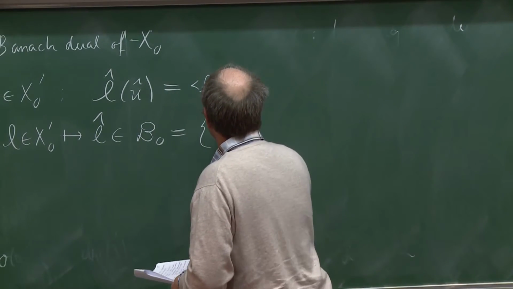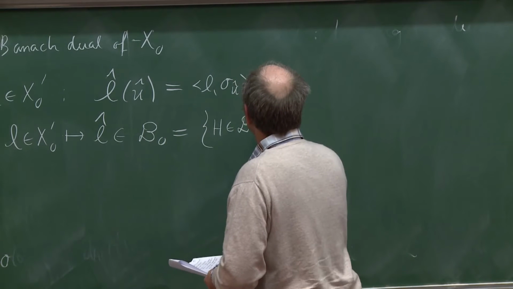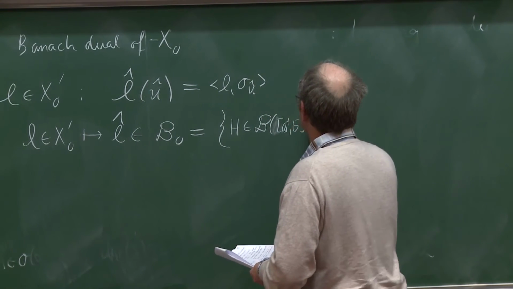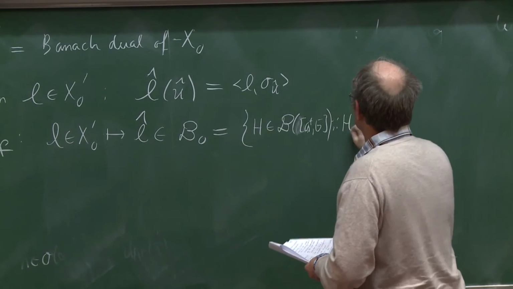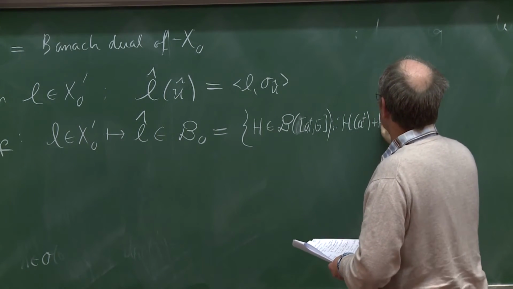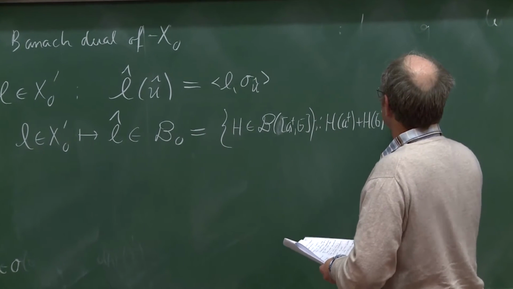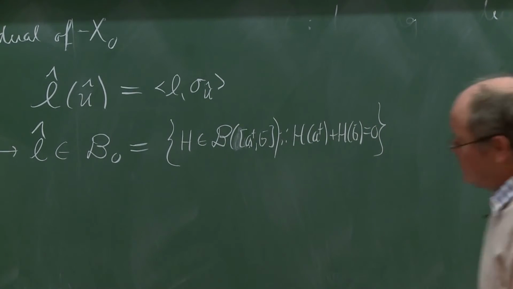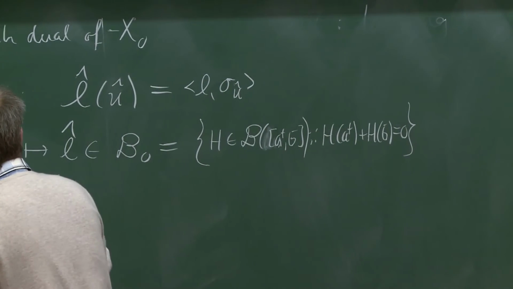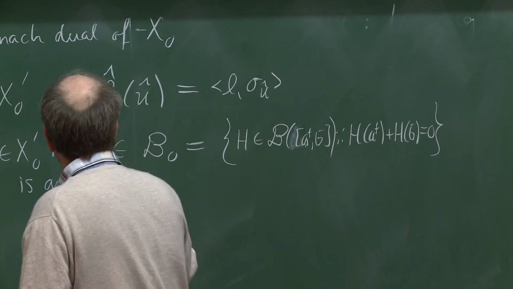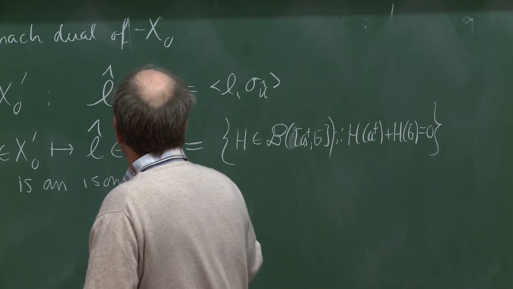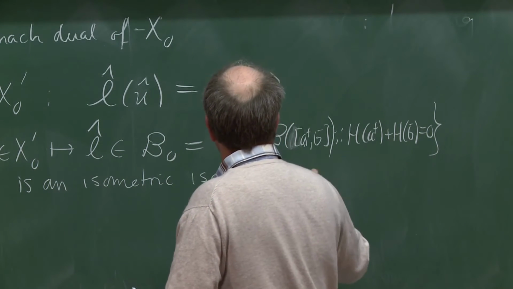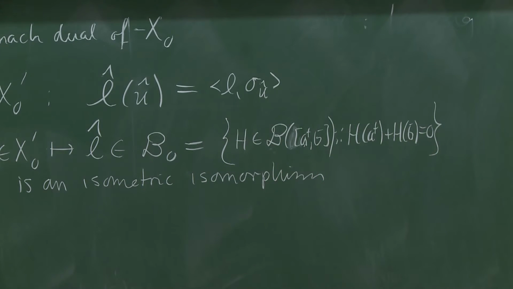So I'm looking at H in bounded functions on a plus, b minus, such that H of a plus plus H of b minus is equal to 0. This map is an isometric isomorphism, the B here being equipped with a uniform norm.